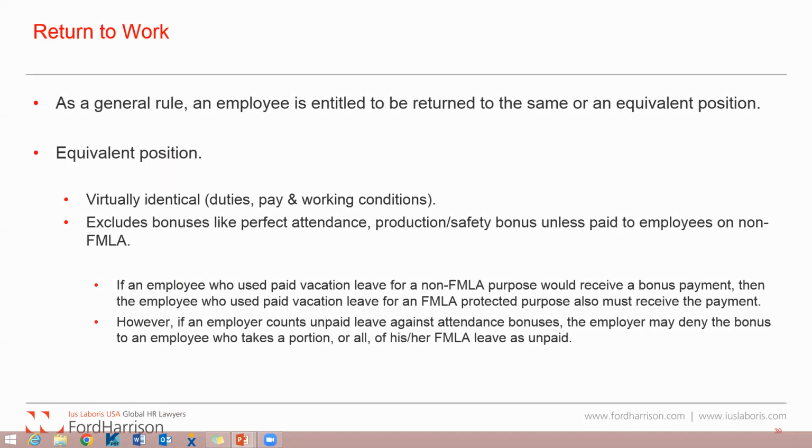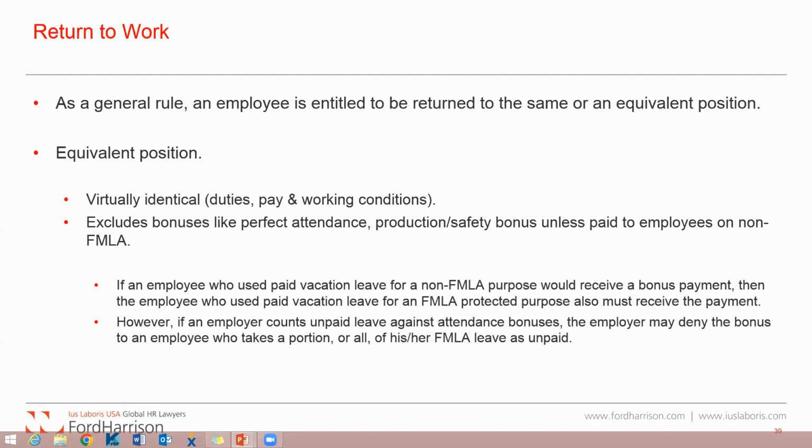So eventually an employee's FMLA leave will end and they have a responsibility to return to work. As a general rule, an employee is entitled to return to the same or equivalent position that they had when they left. And as you can see in the third bullet point here, you want it to be virtually identical to the duties, pay, and working conditions that they had before they left.